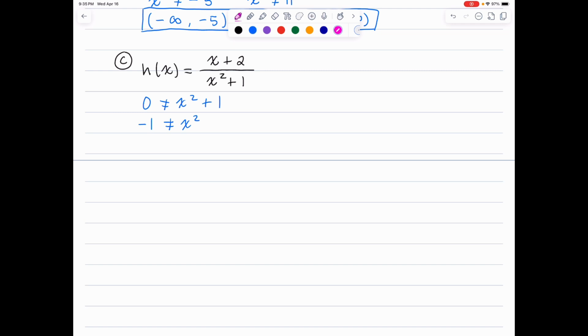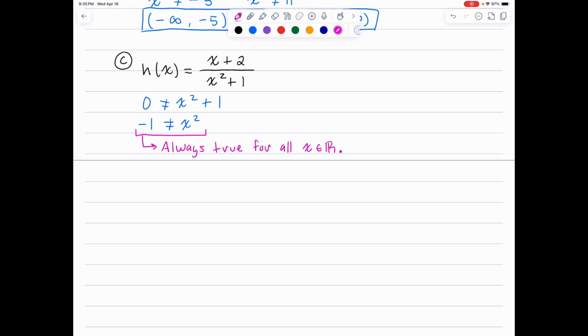So that means that this here is always true, right? This is always true when x is a real number. If you can't plug in an imaginary number, then it's always true. So always true for all x in the real numbers.